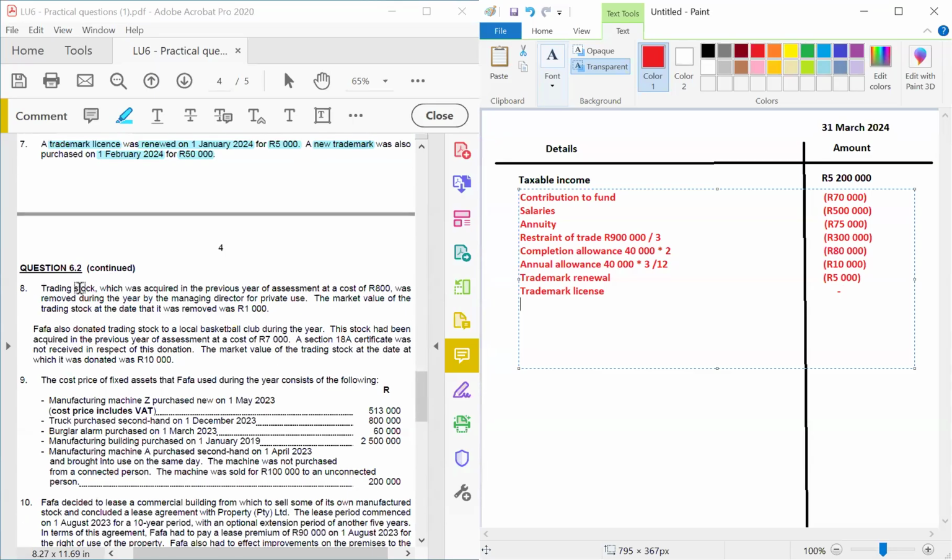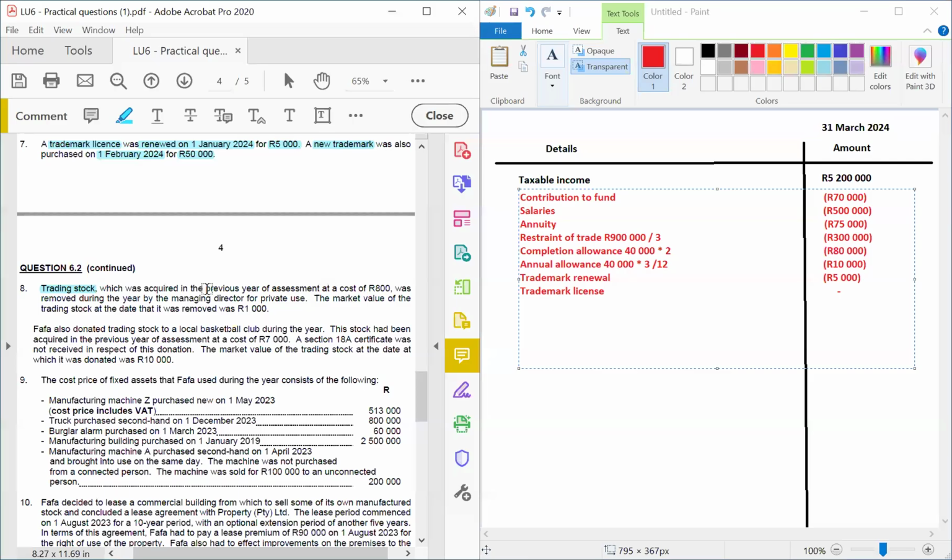Now, going to number 8. Trading stock. This one, they love it. Trading stock, restraint of trade, salary, they love it. You'll find it in your upcoming test. Trading stock, salary, etc. I will give the rest later.